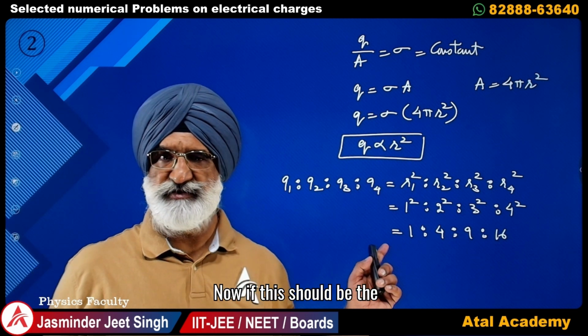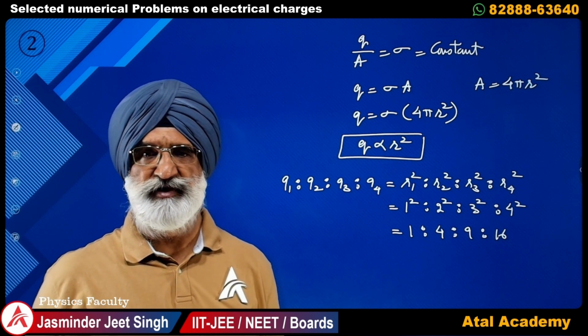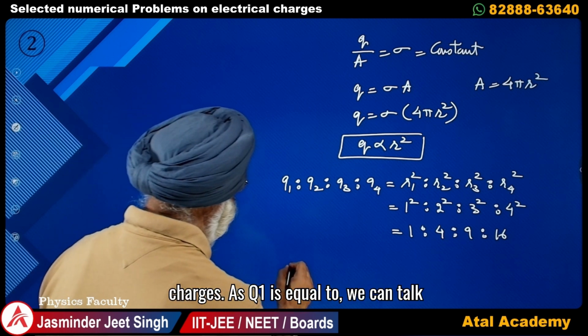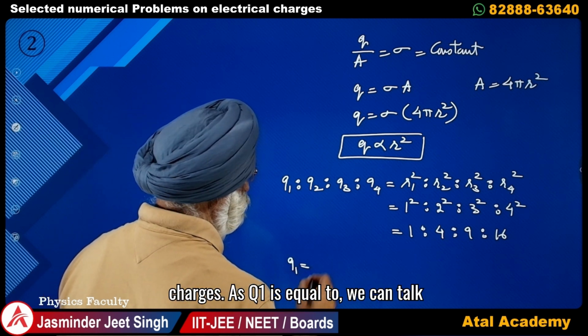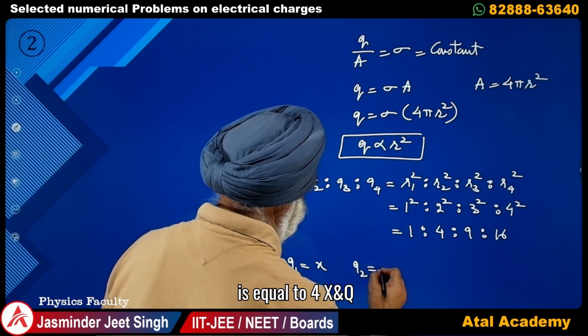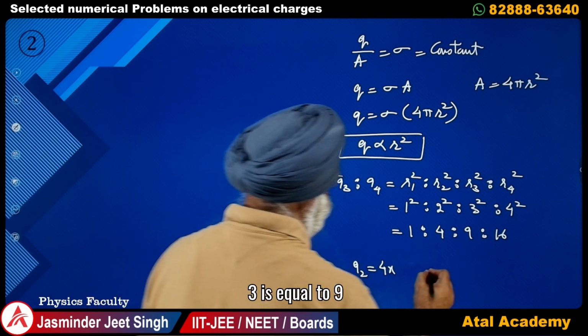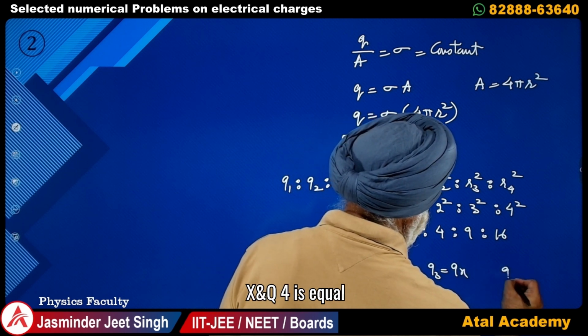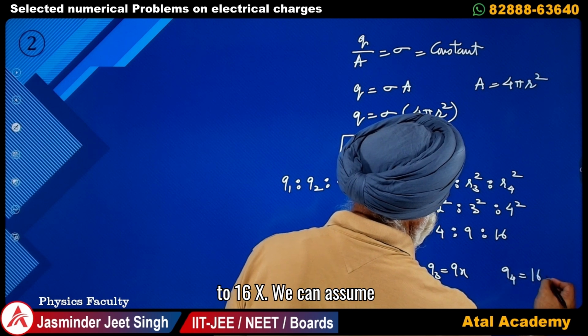Now if this should be the ratio, let the spheres have got charges as Q1 is equal to x, and Q2 is equal to 4x and Q3 is equal to 9x and Q4 is equal to 16x.